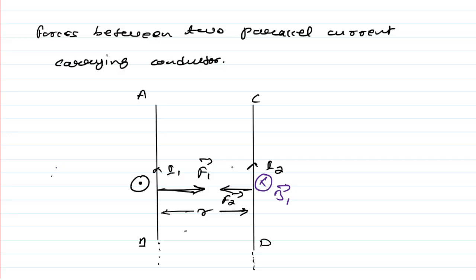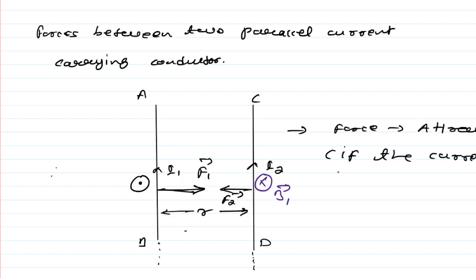So when current in both the wires is flowing in same direction, in that case the two wires apply force of attraction. So force nature will be attractive if current flows in two wires in same direction.